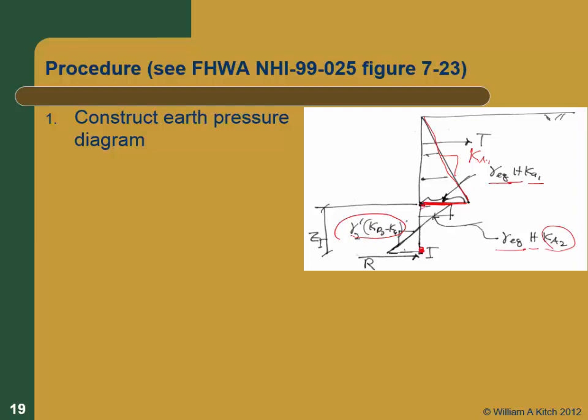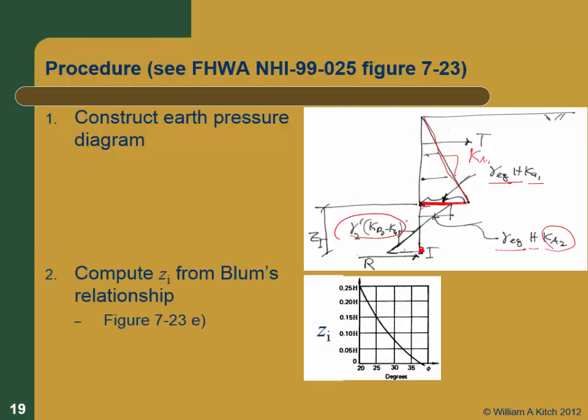So I will have a reaction there because it's a hinge, but there's no moment. Then Zi, this depth, we're going to compute from Bloom's relationship, which is just going to give us Zi as a function of the friction angle of the soil. So that's our assumption. That's our approximation. We're assuming we know where this inflection point is.